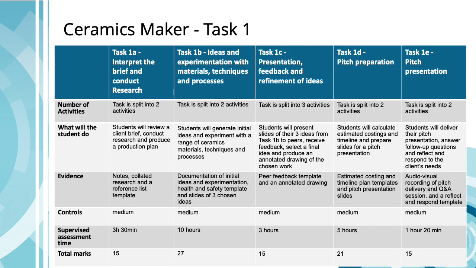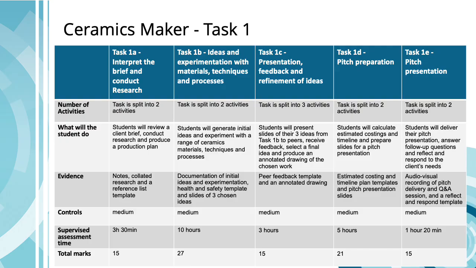There are 9 parts that make up the overall Task 1 project. This is the case for all occupational specialisms. For Ceramics Maker, Task 1 is a total of 65 hours and 50 minutes, but the duration will vary slightly for each occupational specialism.